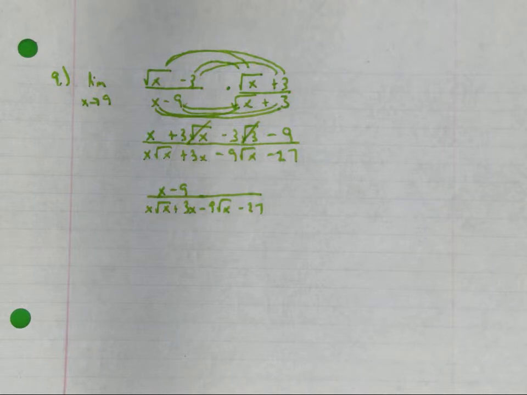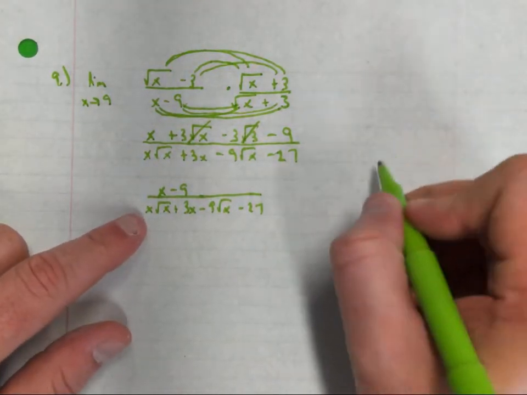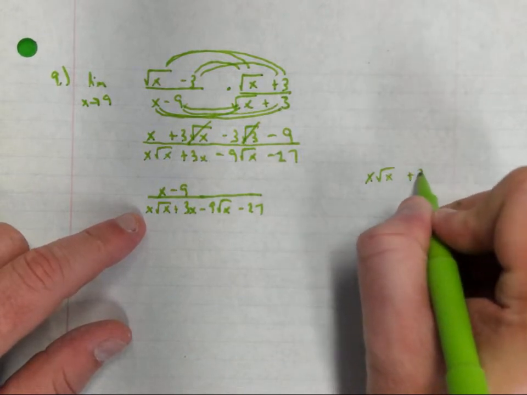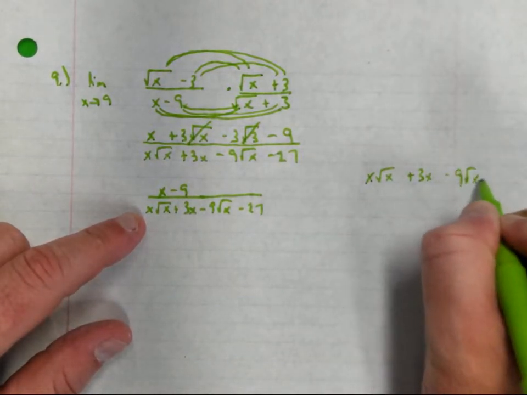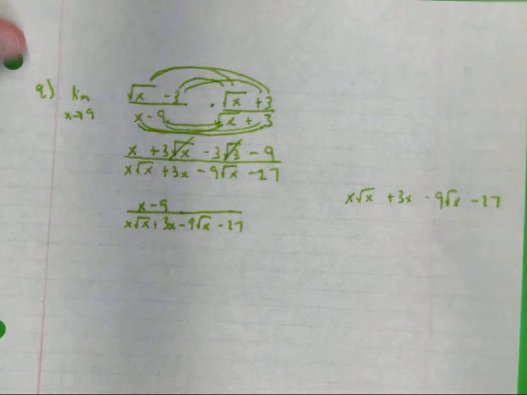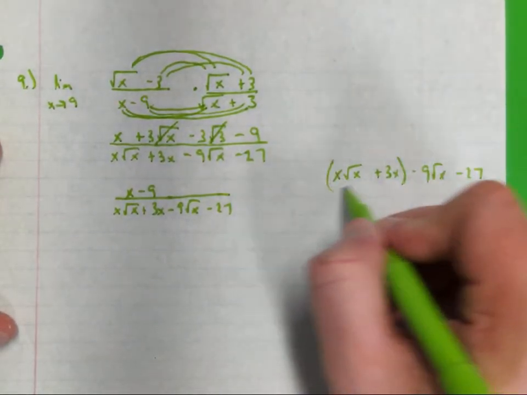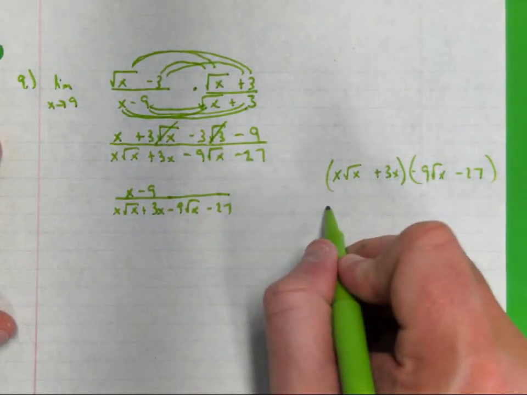Yes, we're going to get there. We're not going to find a common denominator, so I'm going to try to factor somehow so I can cancel out this x minus 9. How many terms do I have down here? 4. So let's come to the side and factor by grouping. What can I take out of the first one? x.